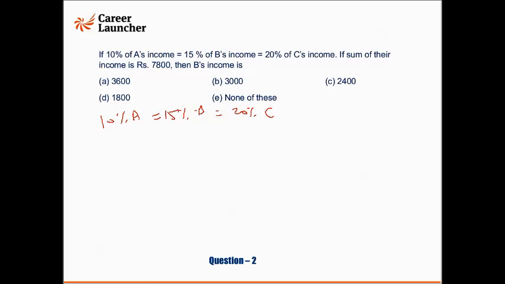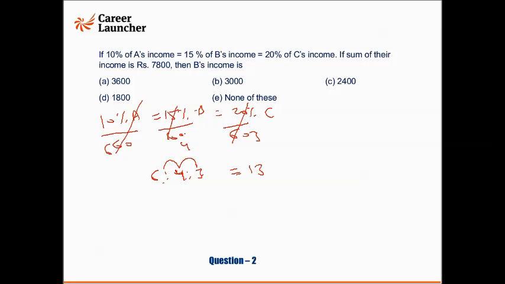So the ratio of A to B to C, we will get 6:4:3. Now if we add them, 6 plus 4 plus 3, you will get 13.